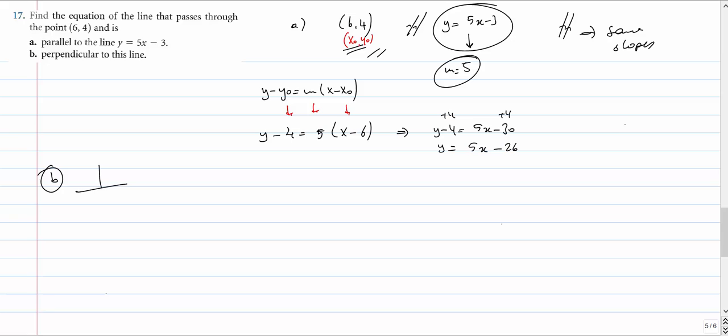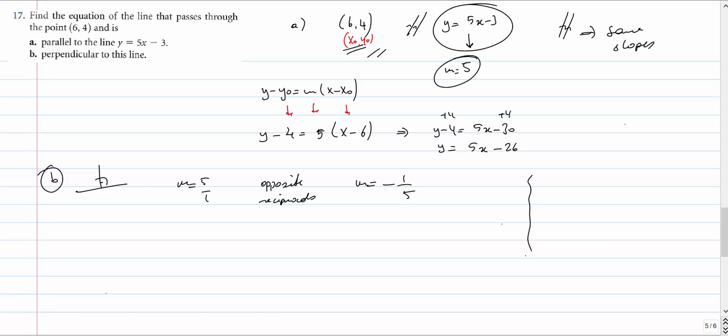Perpendicular. If my slope is 5, perpendicular lines have slopes that are opposite reciprocals. So basically, opposite means if it's positive, then the opposite sign will be negative, and upside down, instead of 5 over 1, 1/5.